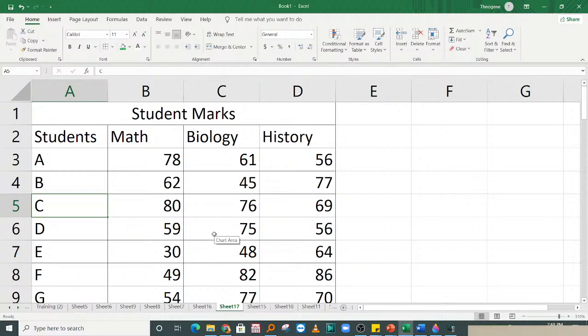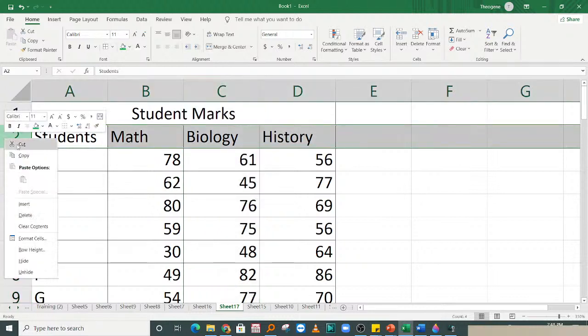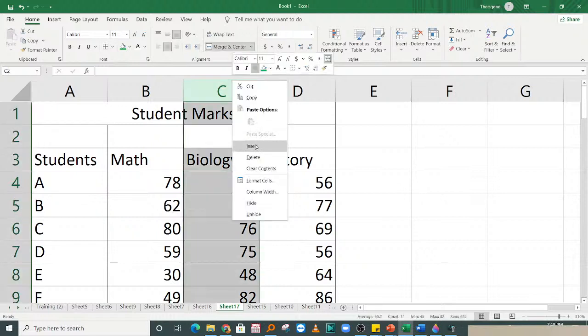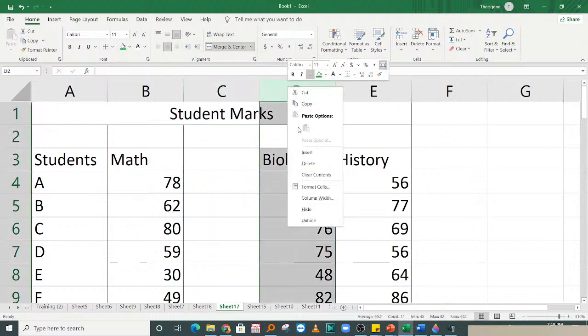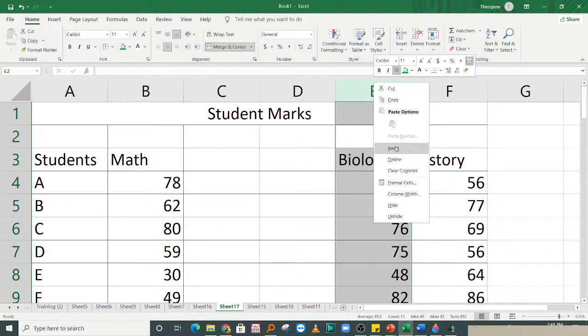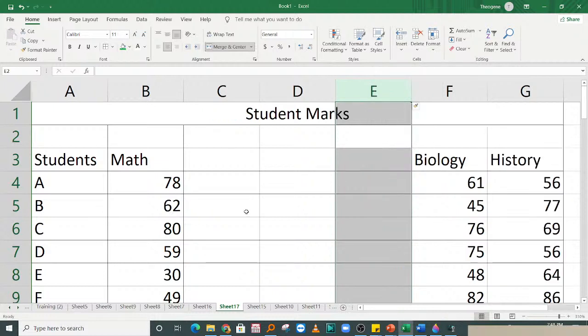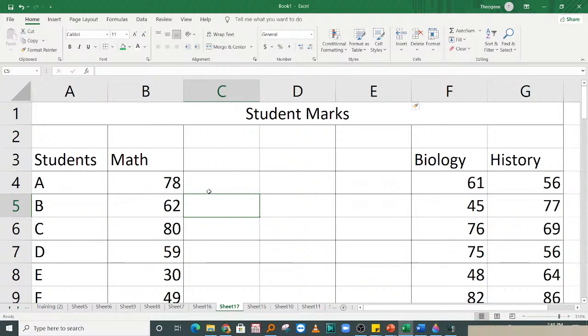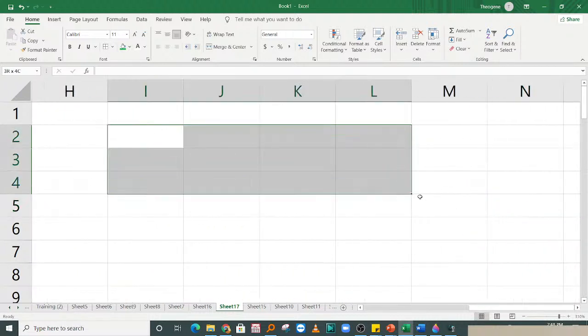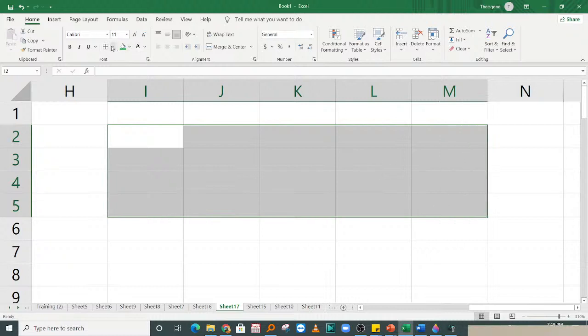Okay? So let's begin from mathematics. For example, let's begin with the mathematics. Let me have another table here which explains the marks obtained.